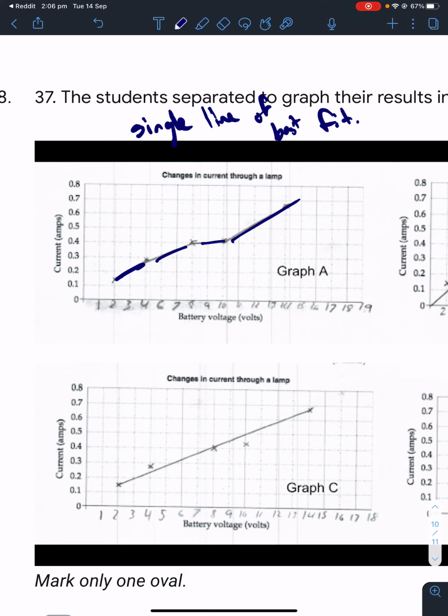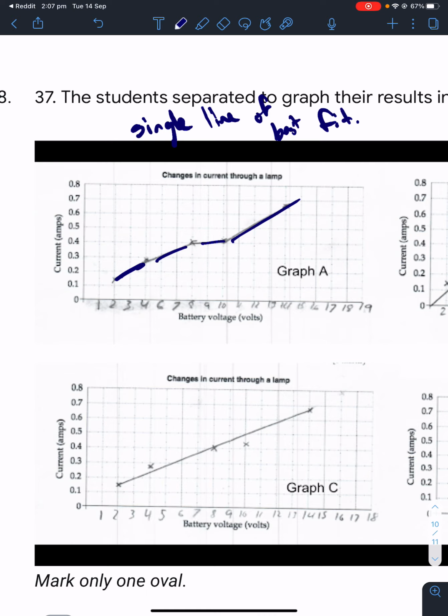In science and in the real world, we do not get dot-to-dot relationships. Now, economics and some of the maths graphs could do that and jump up and down, but very rarely will we use a dot-to-dot graph in science at all. Okay, we go for single trend lines, and because nature's very mathematical, it gives us a nice mathematical relationship.